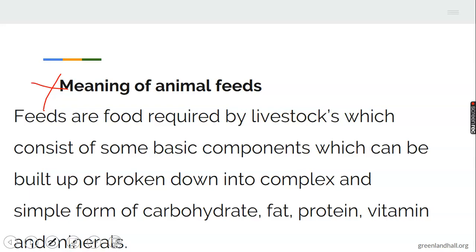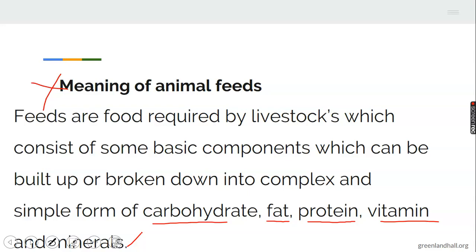When you look at this definition, you discover that the food required by livestock must contain basic components, which I will underline: carbohydrates, fats, protein, vitamin, and minerals. All these must be there for the body system to function effectively.